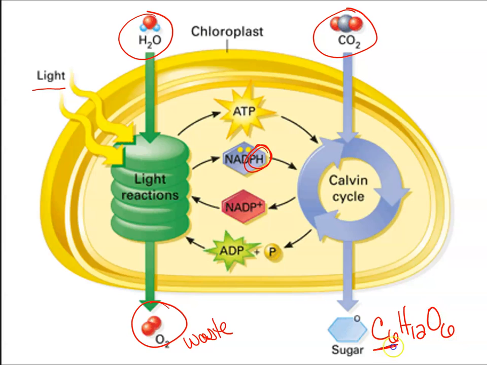So you've got your carbons right here, the oxygens are here, and the hydrogens actually came all the way back from the water molecules that they took in. So the carbon dioxide and the water combine together and get rearranged into glucose and oxygen as a waste product. So those are the basics of photosynthesis.